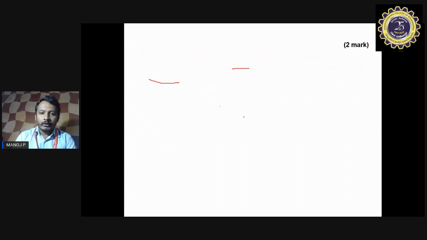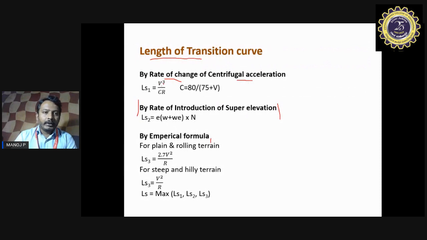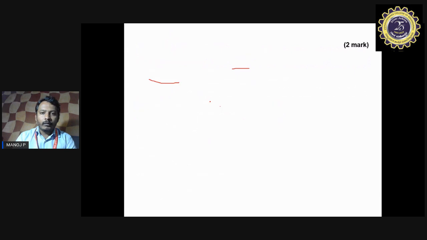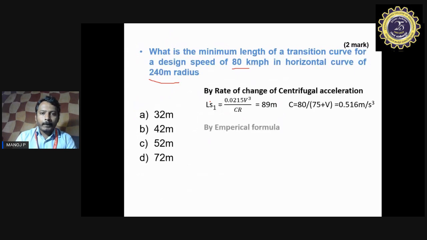You may ask, sir, V cube divided by C into R, how did you get 0.0215? Here I have converted the values from meter per second to kilometer per hour.